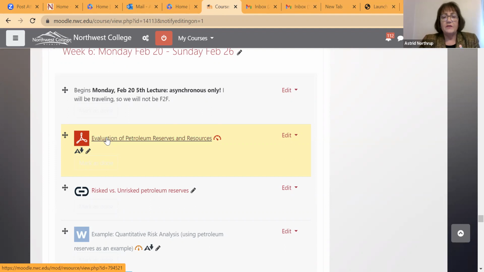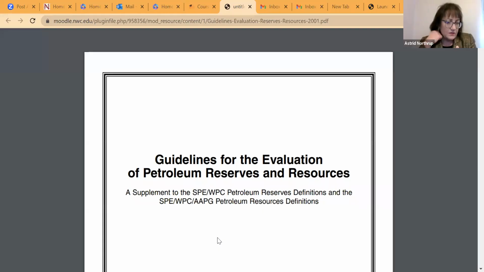So I have here a document called the Evaluation of Petroleum Reserves and Resources. And this is a document that is put out by the Society of Petroleum Engineers. And it turns out that it's sort of a seminal document. It was written about 20 years ago.